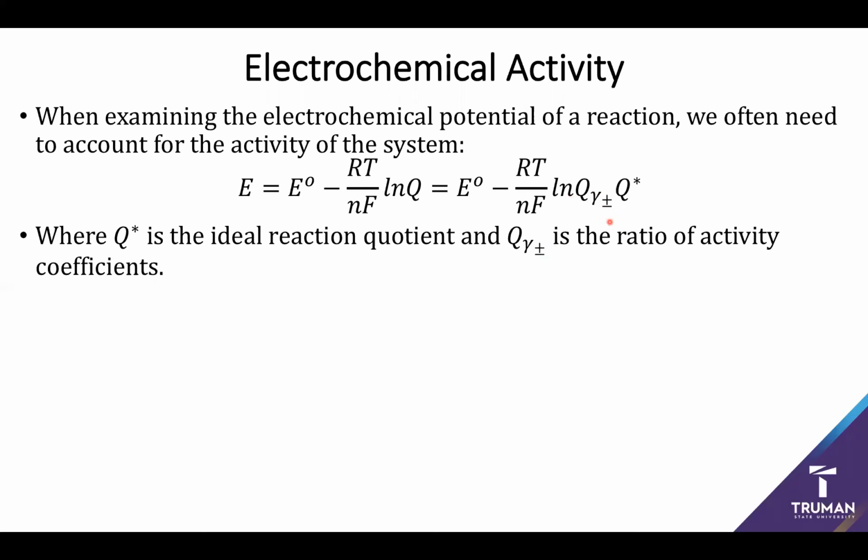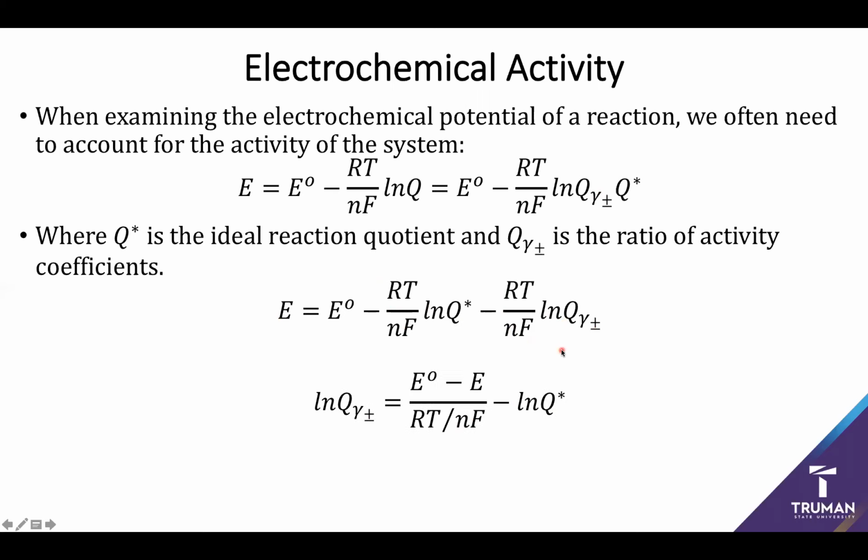So we can go ahead and try and isolate this behavior by, first of all, using natural log laws to split our equation up into a natural log of our ideal and a natural log of our non-ideal behavior. And then what we can do is add our natural log of our activity coefficients to both sides, and then move our potential over to the right side, and then divide the whole thing by RT/nF to get rid of this nasty precursor.